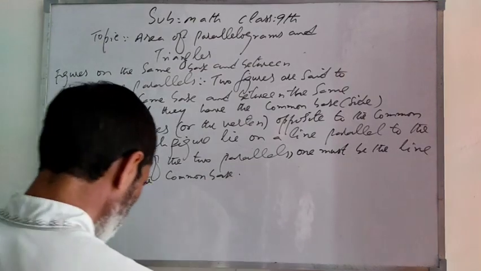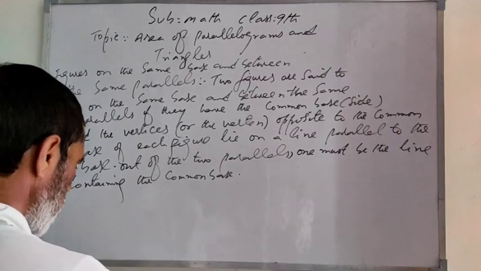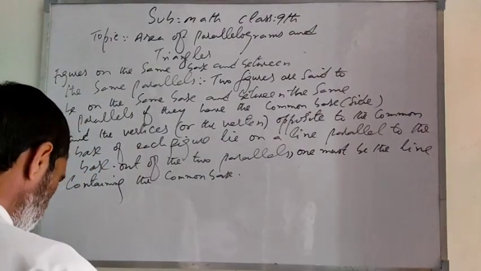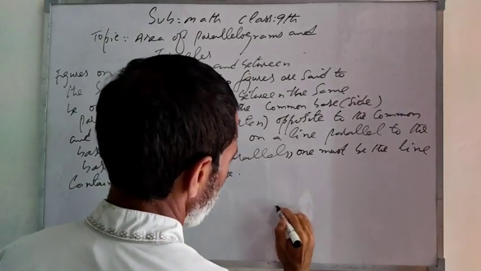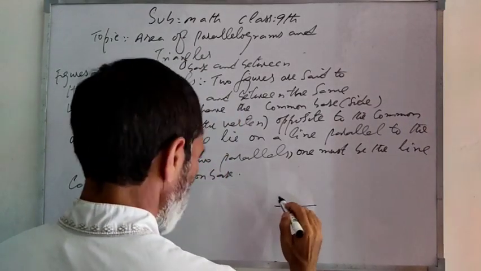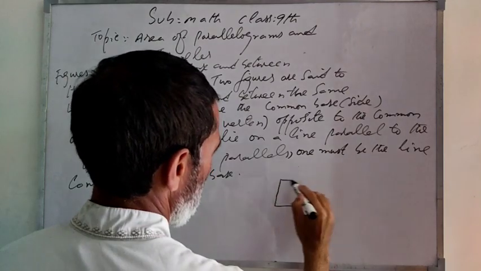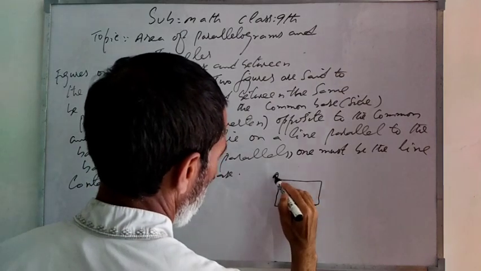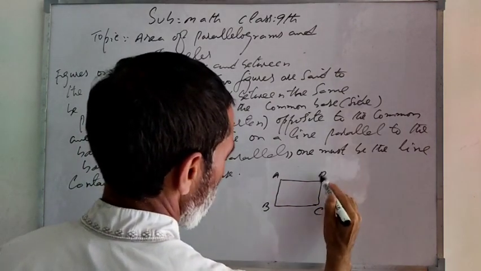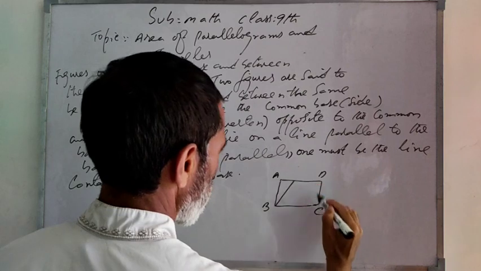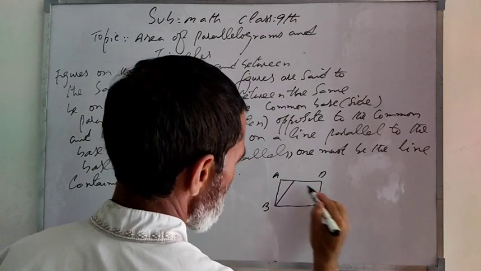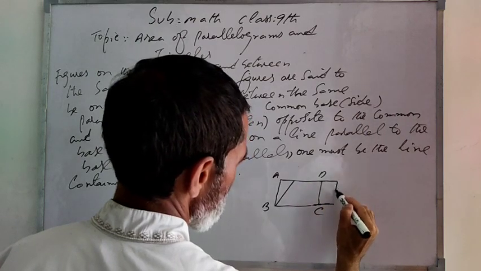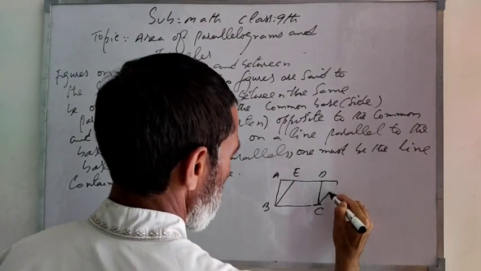For example, these are figures on the same base and between the same parallels. This is parallelogram ABCD, and this is another parallelogram BCEF.